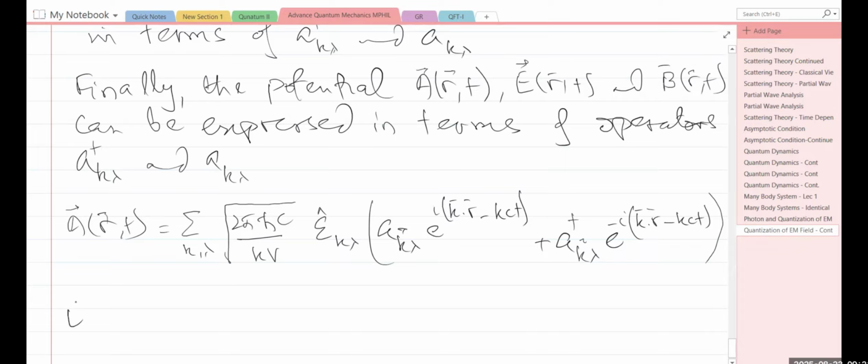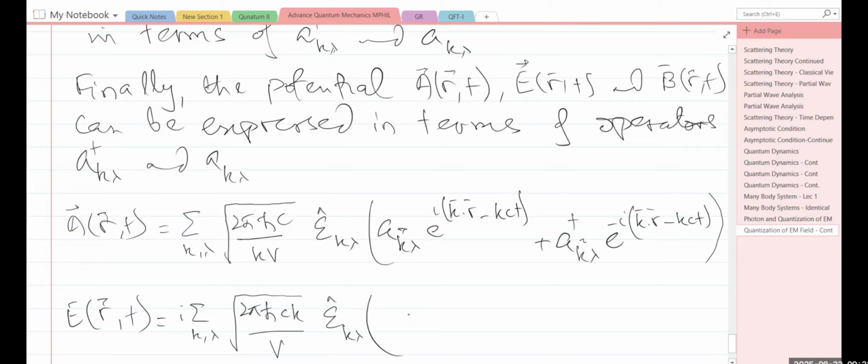Similarly for E, that would be i times the summation over k comma lambda, with normalization factor 2 pi h bar c k over V, times epsilon k lambda, which gives you the polarization direction, times a_k lambda e to the power i (k dot r minus k c t), minus a_k lambda dagger with e to the power minus i (k dot r minus k c t), and this bracket closes.